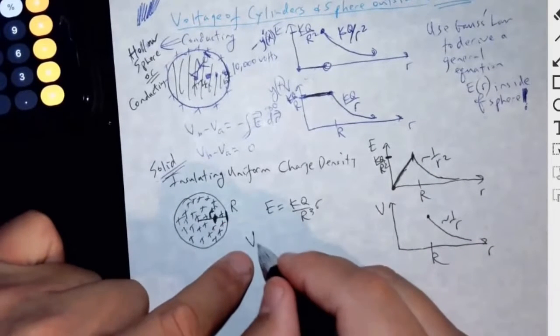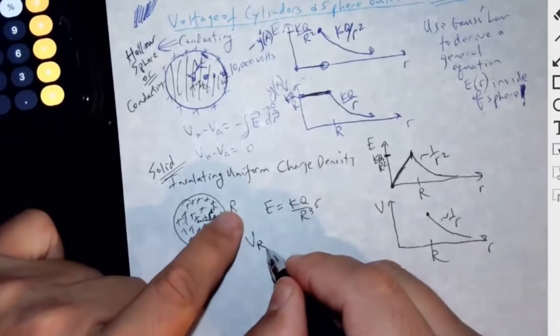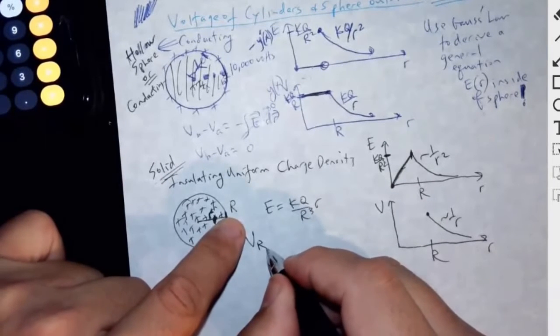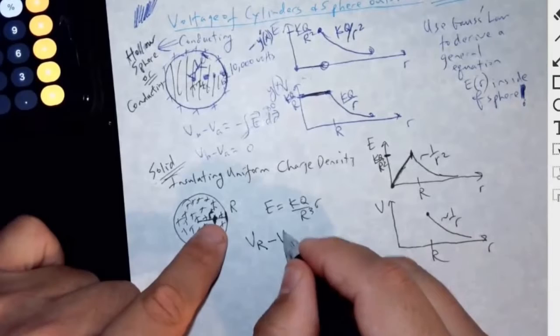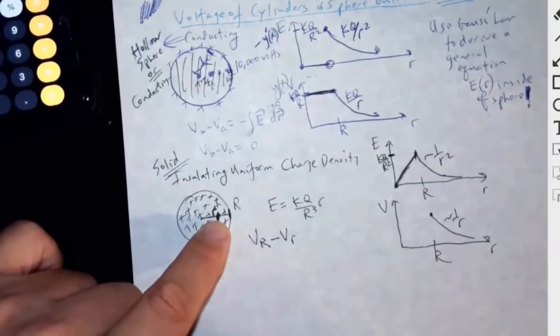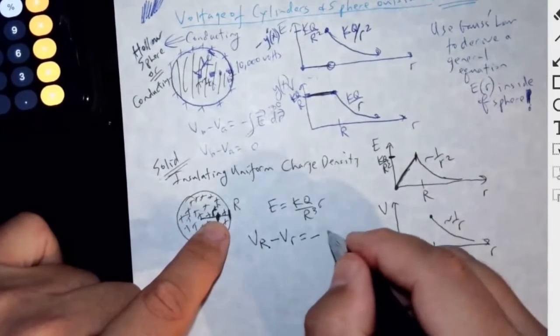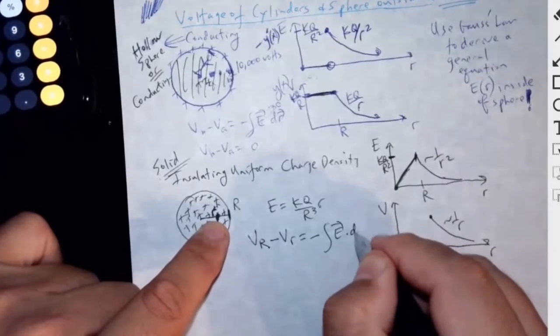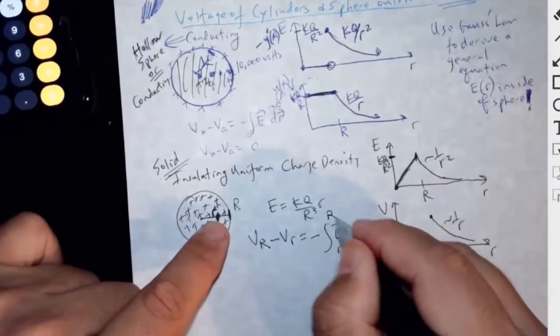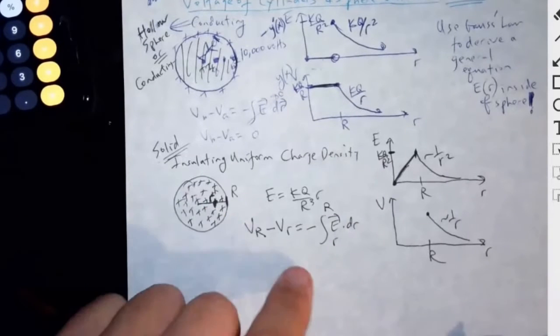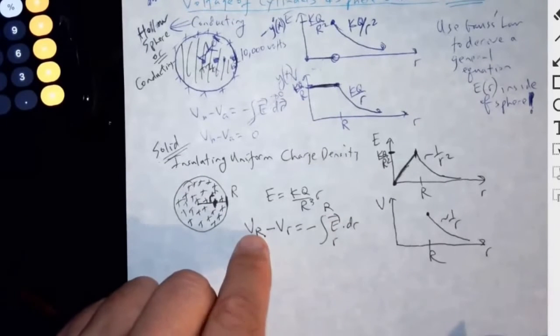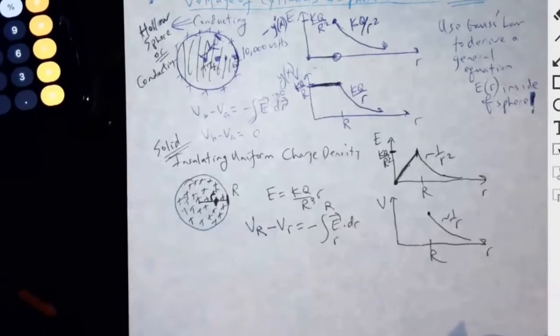So we say V sub R, which is the voltage at the surface, minus the voltage at some point little r, is equal to the negative integral of the E field from r to R.